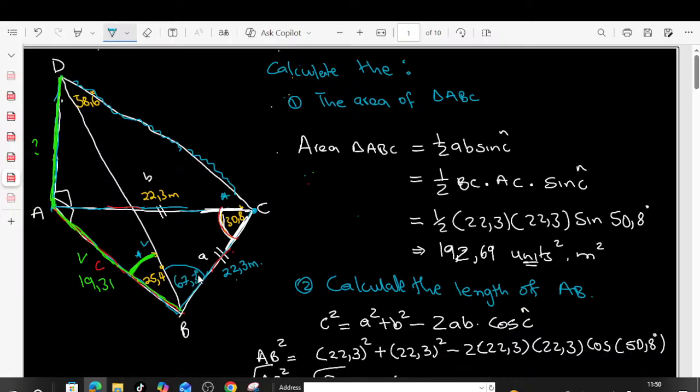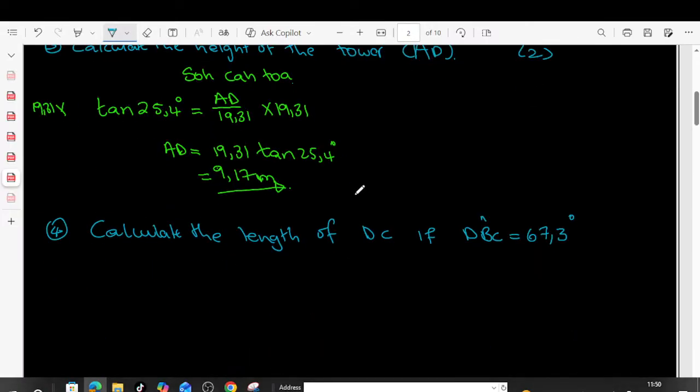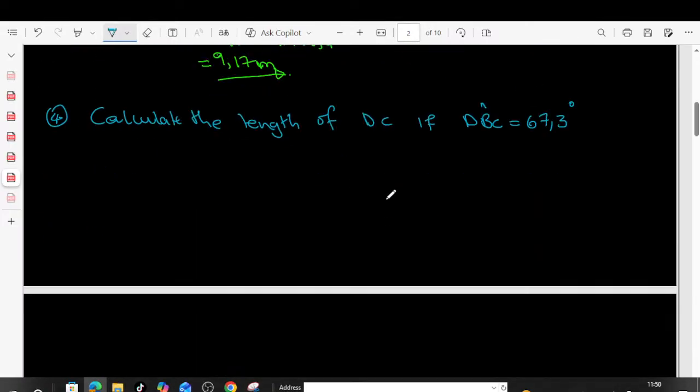So I'm just going to remove my triangle DBC, isolate that triangle and put it here so it can be easy for me to work out this problem. So the triangle you are currently working on is this one.